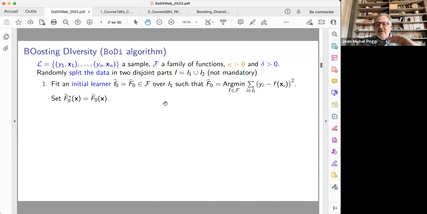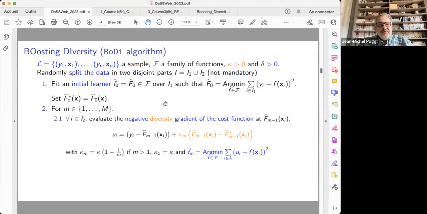And then you have now the loop. In the gradient boosting loop, you consider the residuals. So instead of considering your data, you consider the residual between your measure and your current estimation of the function f.